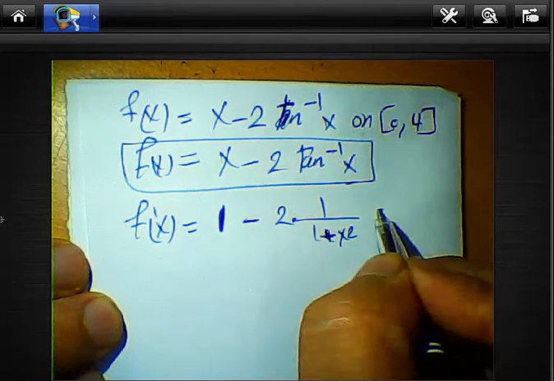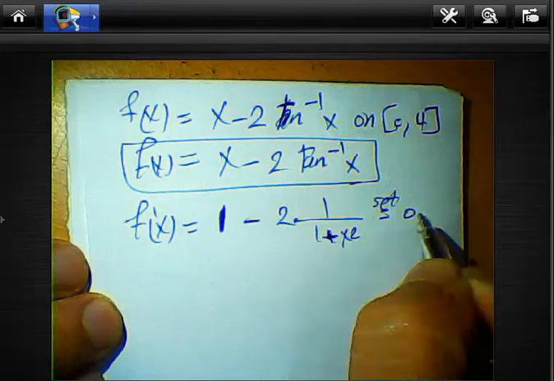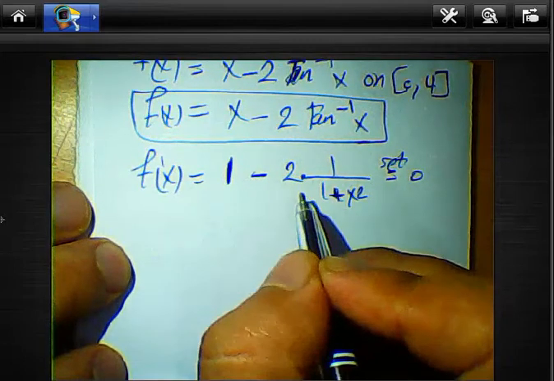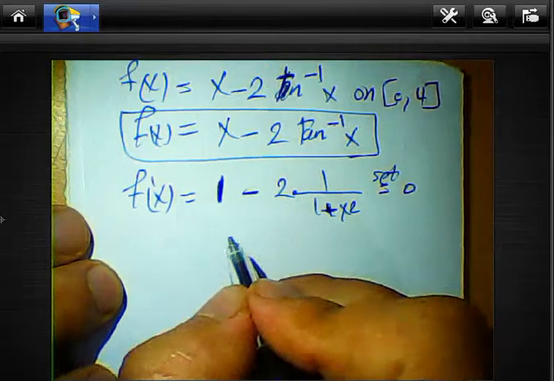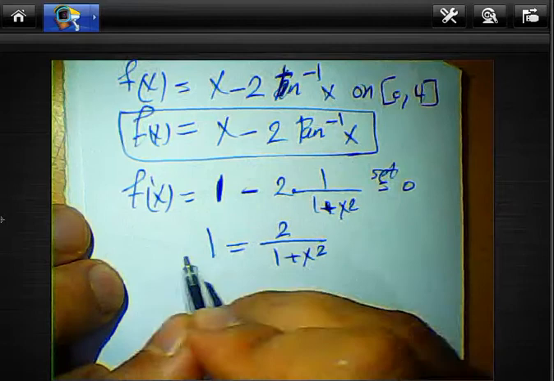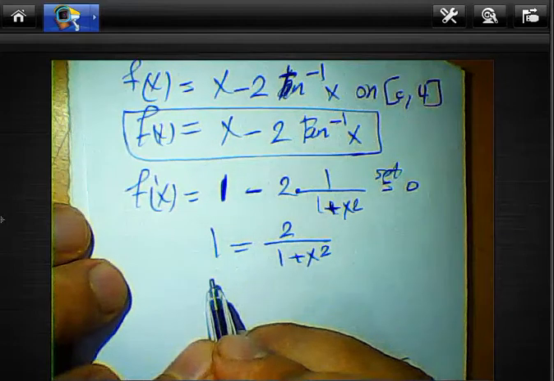We can set this function equal to 0. Then we can move this term from the left hand side to the right hand side. The result will be 1 equals 2 over 1 plus x^2, and we can use the product of extremes equals product of means.